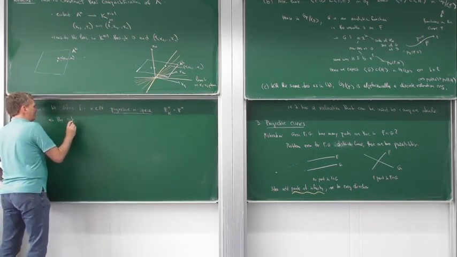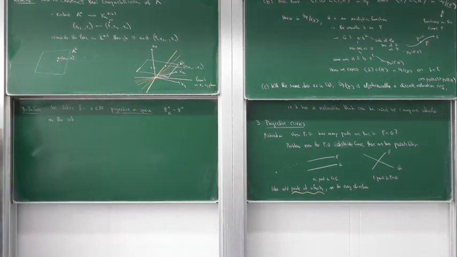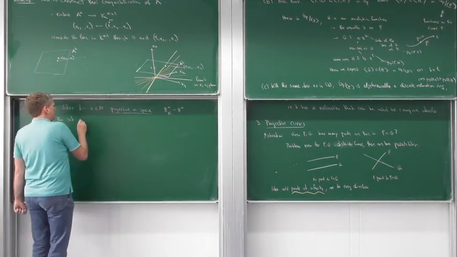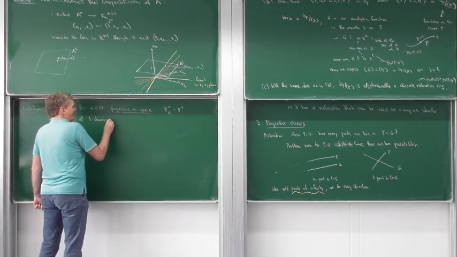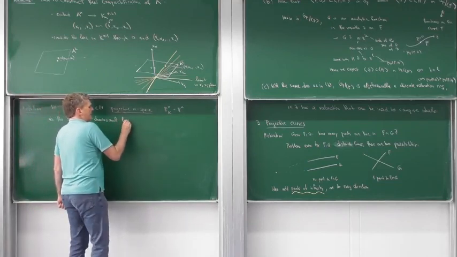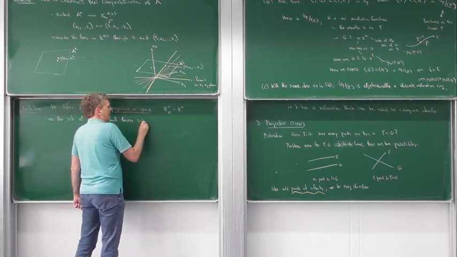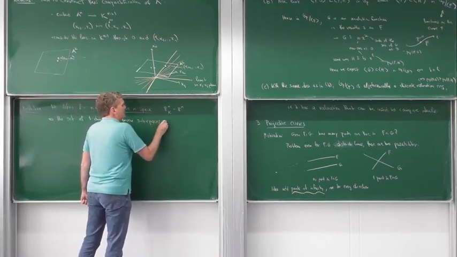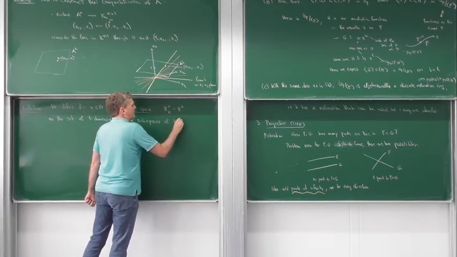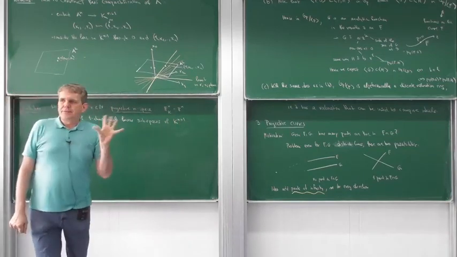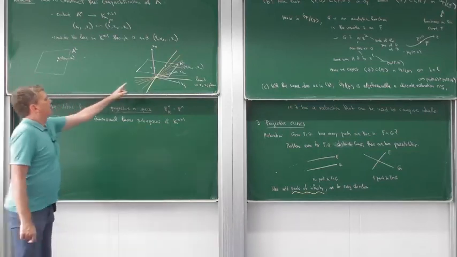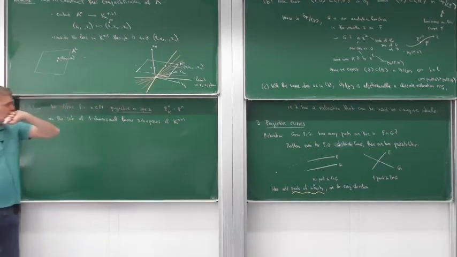Again, at the moment it doesn't have any structure but a set, as the set of one-dimensional linear subspaces of a vector space of dimension 1 bigger, so k to the n plus 1. That's the definition, and that's the picture here on the right.